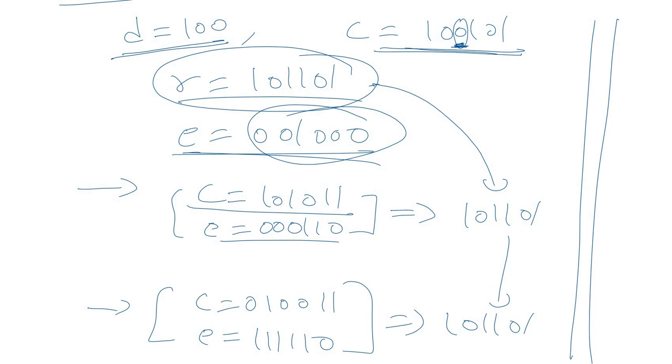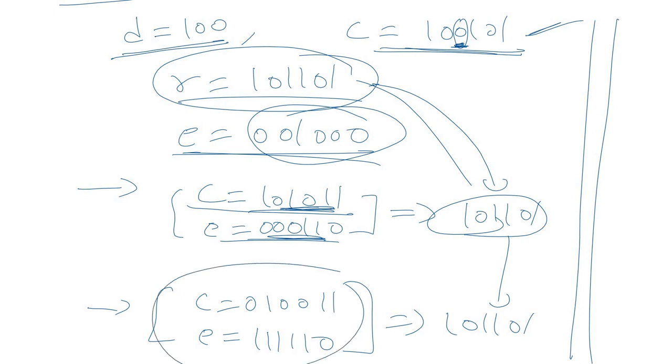So this is not a unique error that we are generating here. Because if we have this combination, where C is different from this one, and the error vector is this, then we get the same received word. Similarly, if we have this combination, again we'll get the same received word. So this error vector that we are generating is not unique.